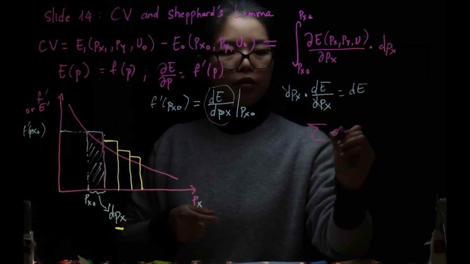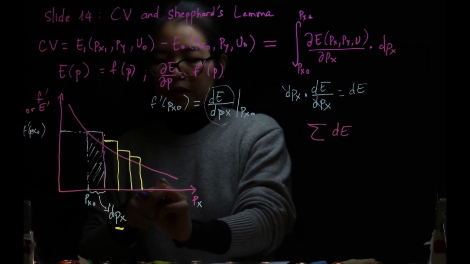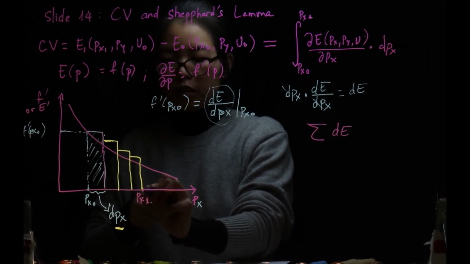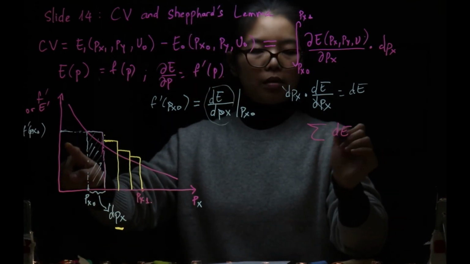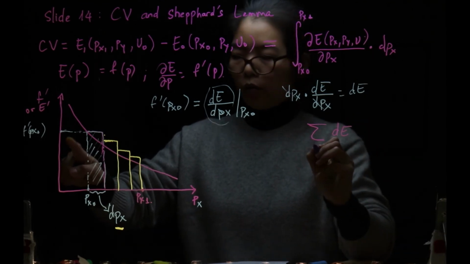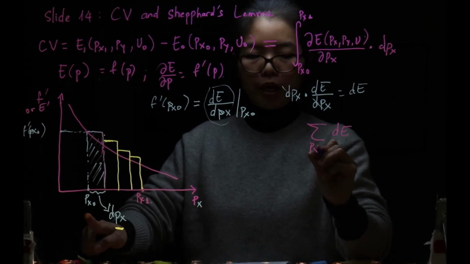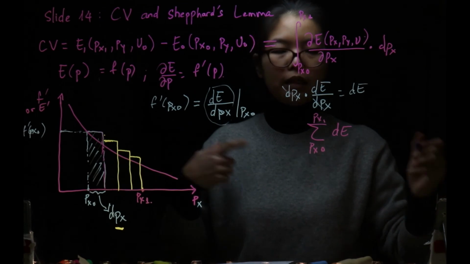the sum of dE. Let's say here you stop at px1, which is the point here. So at the end, you will get the sum of the very small changes in E when px runs from px0 to px1, right?